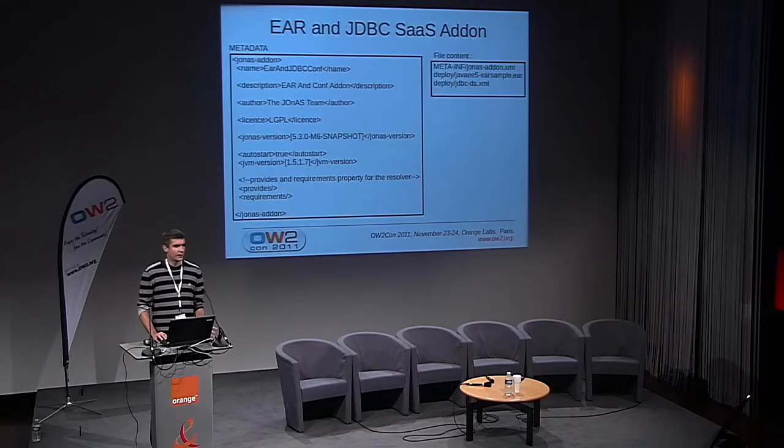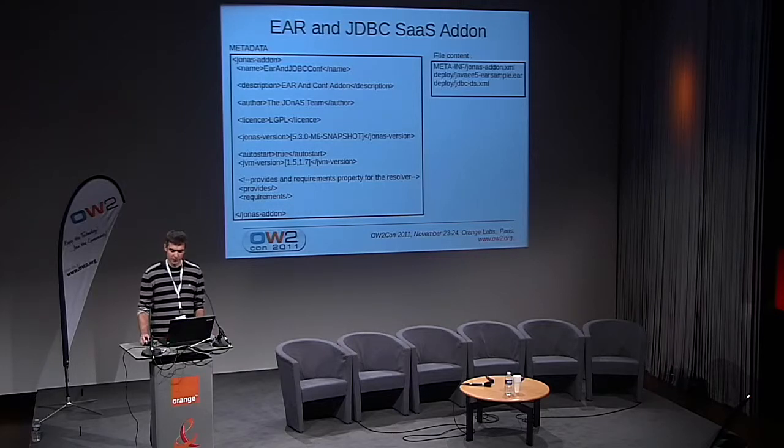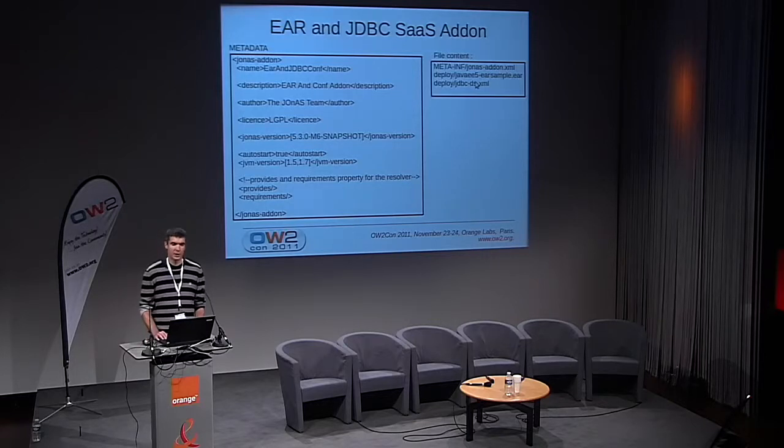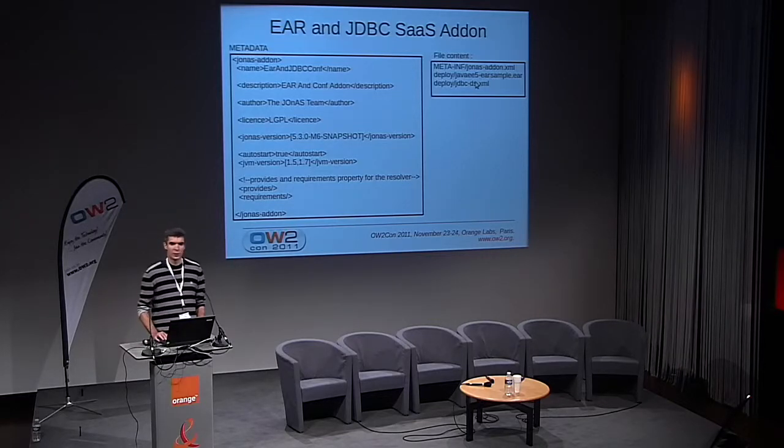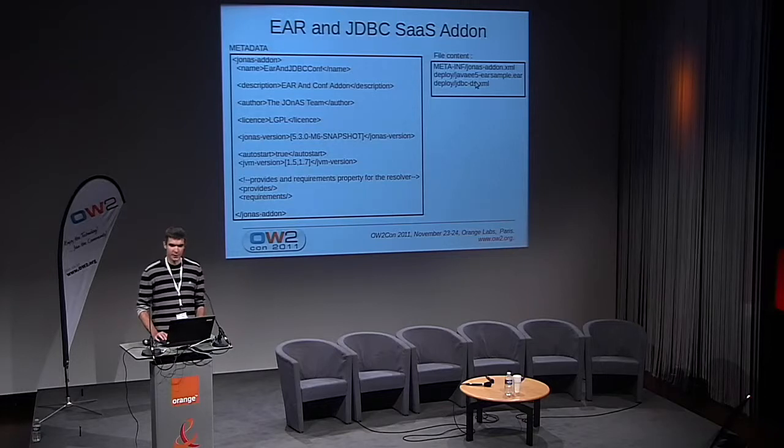And in the add-on, we will provide three files: the add-on metadata file, and the Java EE sample. And the JDBC DS XML file will provide the JDBC configuration in order to be able to connect your application to the database server.